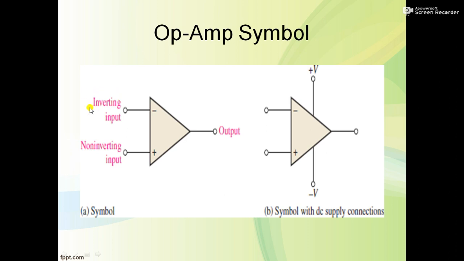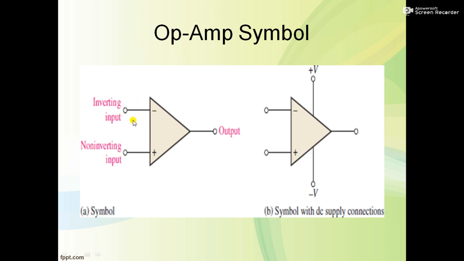That's why it is called inverting. For the non-inverting input, if you apply a positive half cycle, the output is also a positive half cycle. If you apply a negative half cycle, the output is also a negative half cycle. That means based on the terminals, we classify amplifiers into two types. One is the inverting amplifier, another is the non-inverting amplifier.